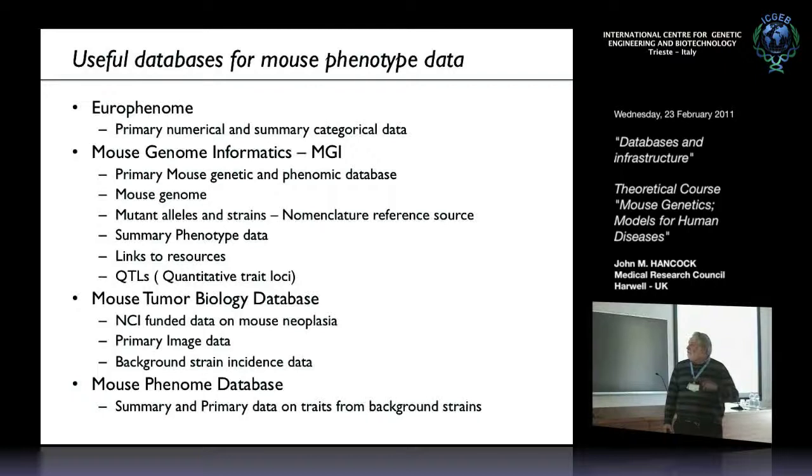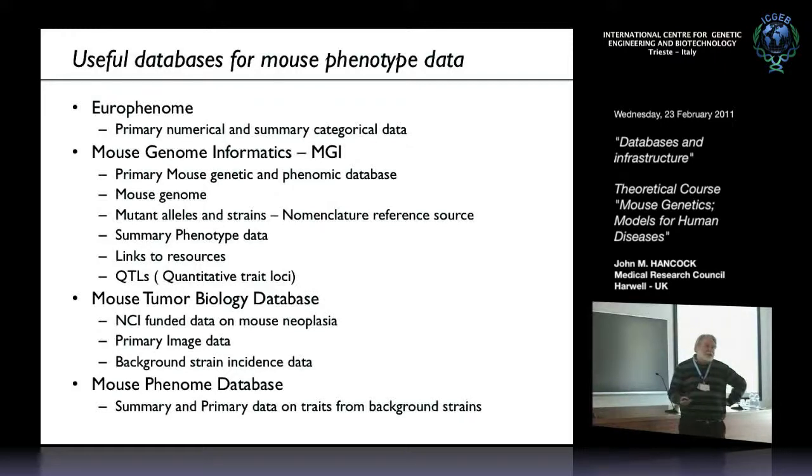We're just going to run through a few databases. I'm going to name a few databases, and show you a few page shots of some of them, just to show you what's in them and what they're like. So Europhenome you've heard about before today.